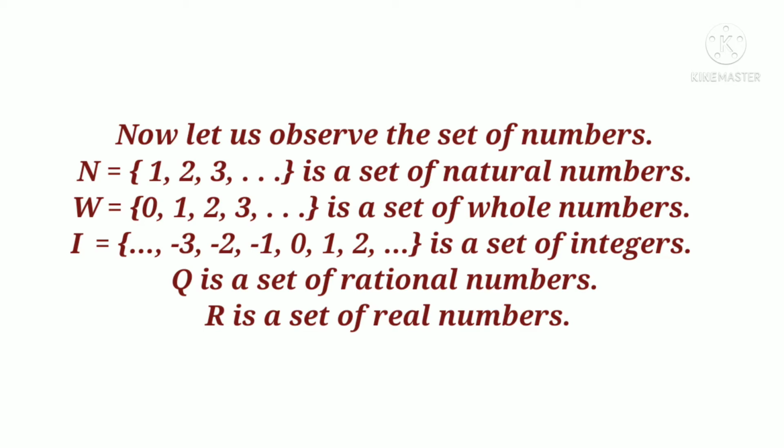I is equal to {..., -3, -2, -1, 0, 1, 2, 3, and so on}, the set of integers. Q is the set of rational numbers. R is the set of real numbers.